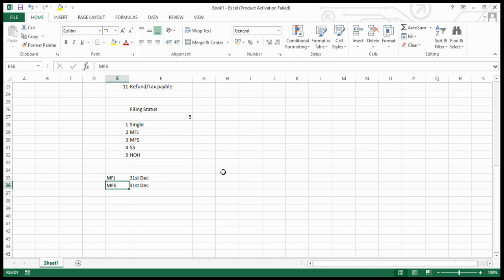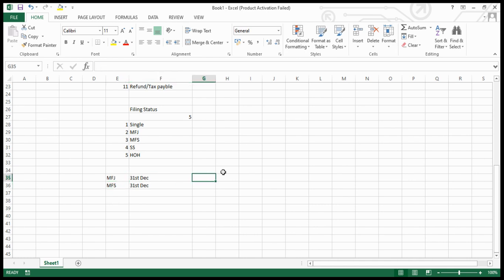And there are multiple different conditions that lead to MFS that we will discuss later. Basically, if someone is married, then they have to choose MFJ. If there are separate criteria or situations that arise for them to make separate returns, then they can go for MFS. This alone you just have to remember.